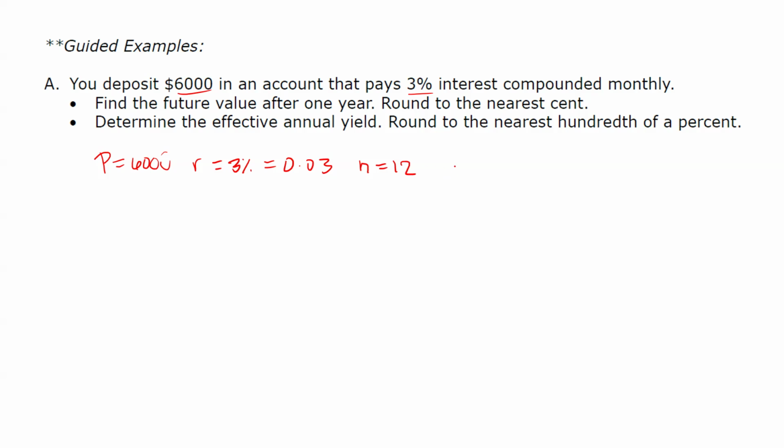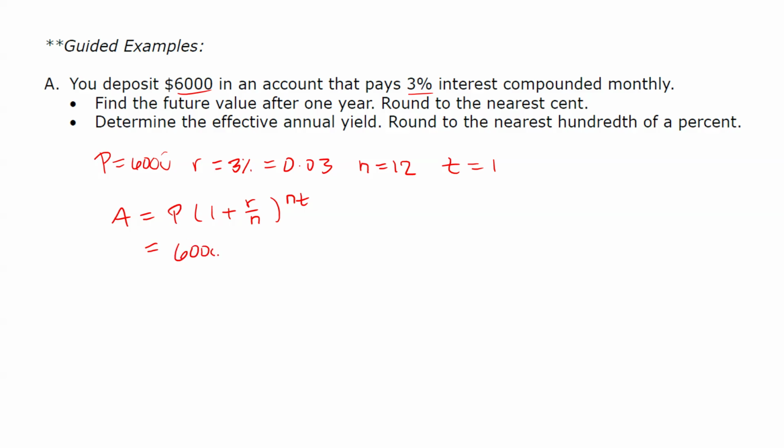For the first problem, we want to find the future value after 1 year. So in this case, our t equals 1. Our formula will be A equals P times (1 plus r over n) raised to the power nt.